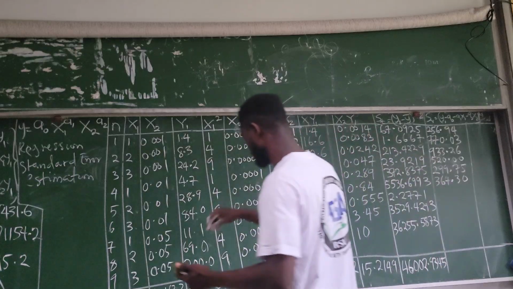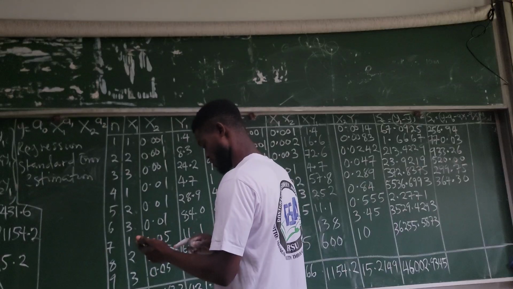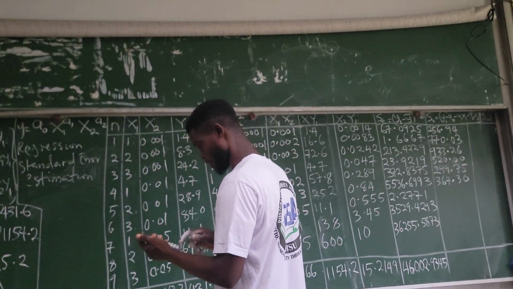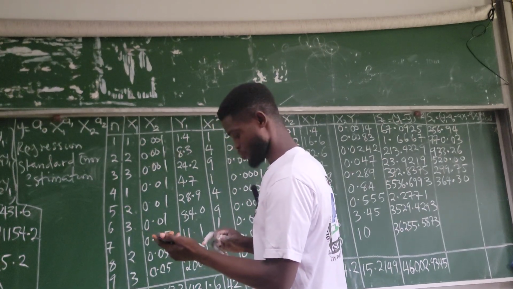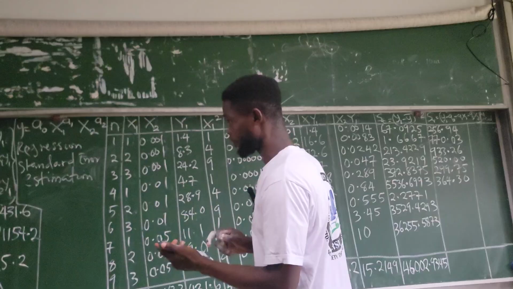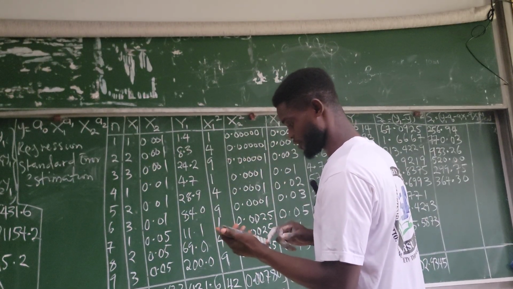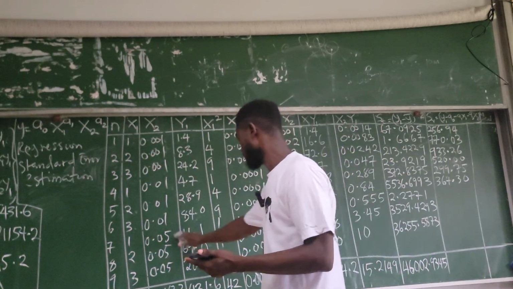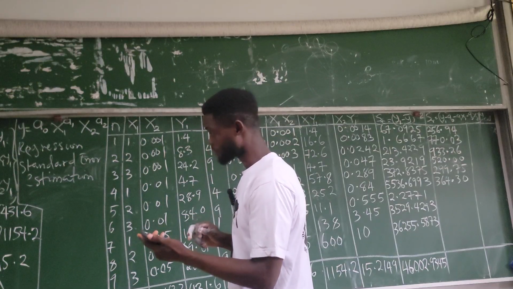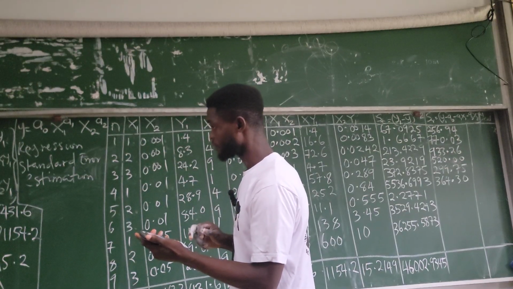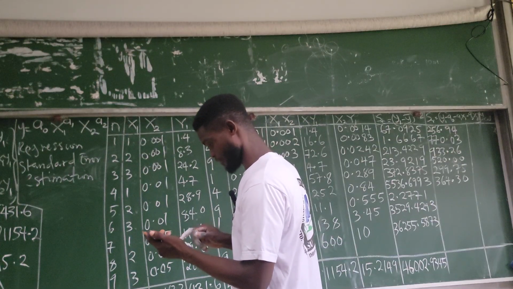So the 7th part of it is the y7 part: 11.1 minus a0, bracket, minus 2.48 minus 18.70 times, for that x1 it is 0.5, that is 1, minus 1129 times 0.05.